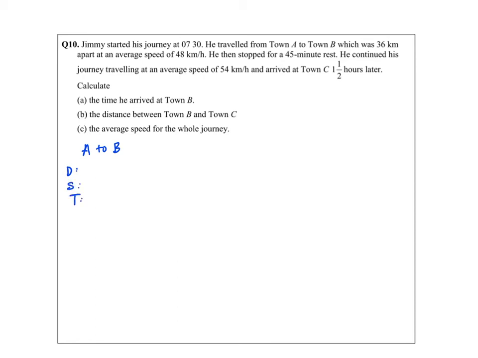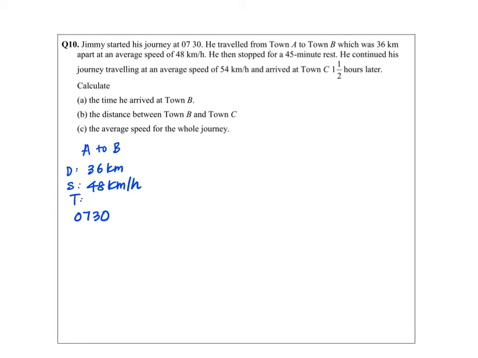So now they say that the distance from town A to town B is 36 kilometers. The average speed is 48 kilometers per hour. So probably we need to find the time taken later, and it gives me extra information that it starts at 7:30. So maybe I'll need to find the time he arrived at town B or something like that.